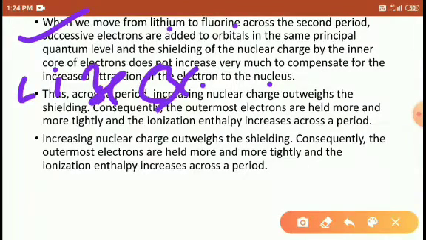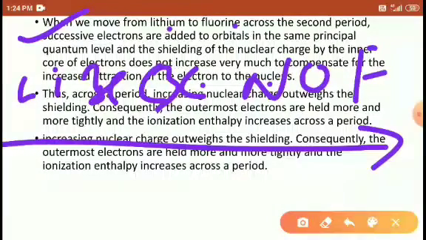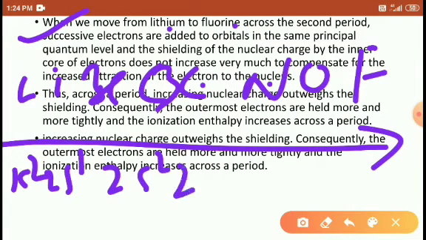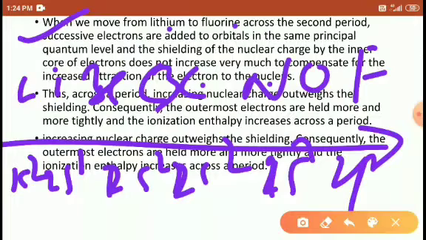beryllium, boron, carbon, nitrogen, oxygen, fluorine. As you move in this order, the electrons are present in the same shell: 1s2 2s1, 1s2 2s2, 1s2 2s2 2p1.